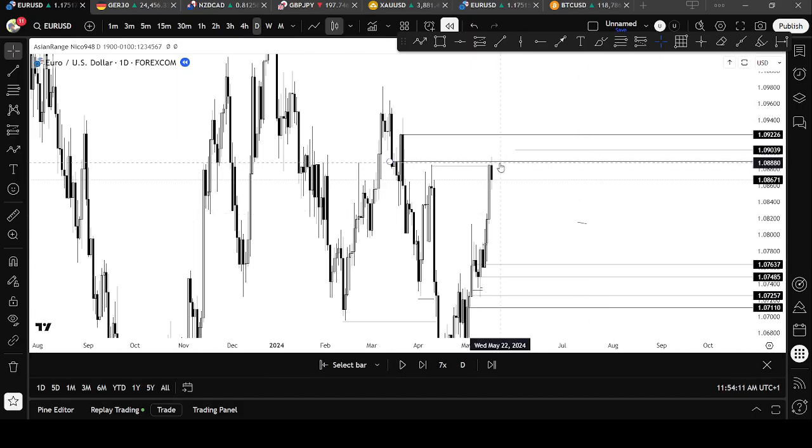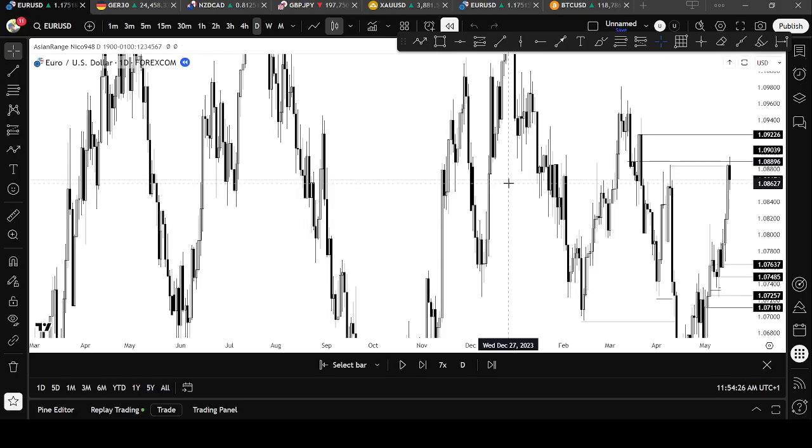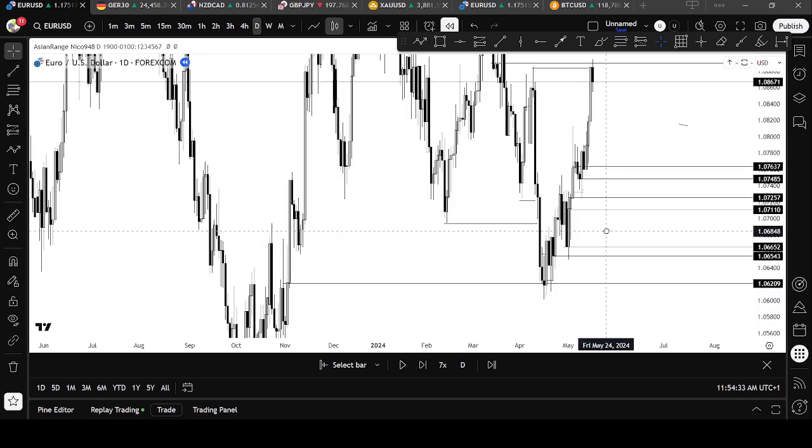Let's say as price is reacting to this place now, or this place, if price gives us a break on a 4-hour, confirming that there is a break here on the 4-hour time frame, that will be a confirmation that this storyline that started here has ended, and a new one has started.